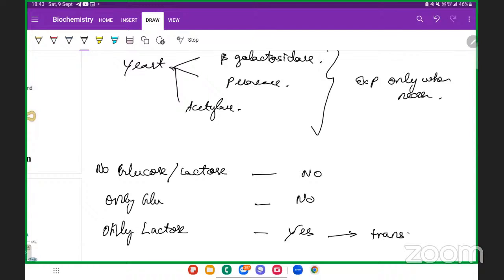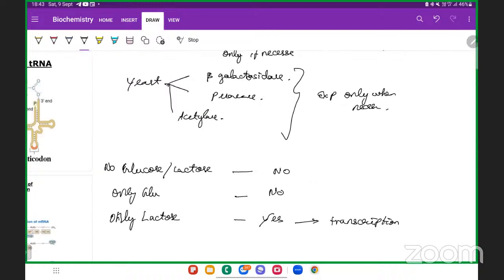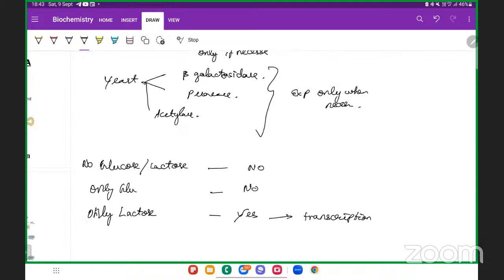When transcription happens, RNA is synthesized, and then protein can be coded: beta galactosidase, permease and acetylase enzymes. Only when lactose is available does the yeast produce them; otherwise it does not. That is how gene expression is done.